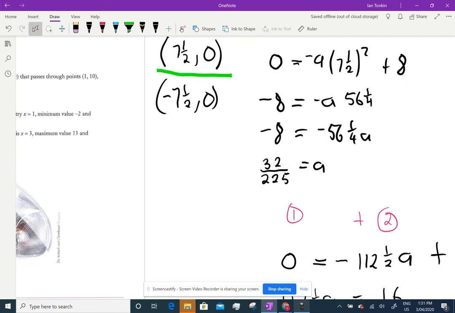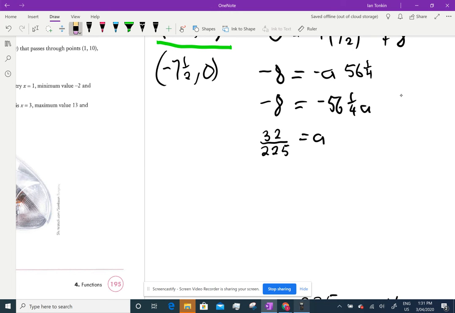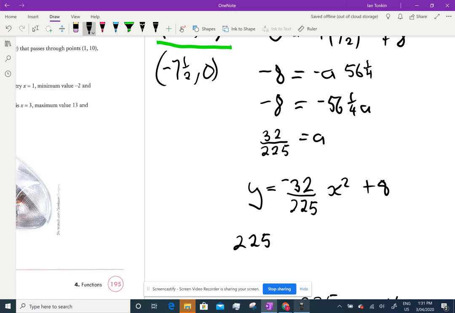All right. Okay. We've got a, we've got b, we've got c. So y equals 32 on 225 x squared plus 8. Let's multiply everything by 225. Oh, by the way, that's negative.